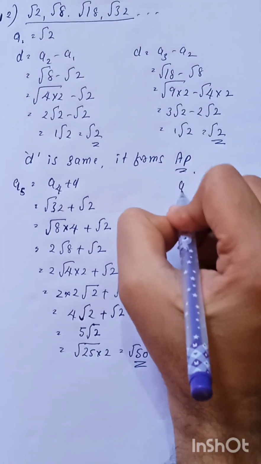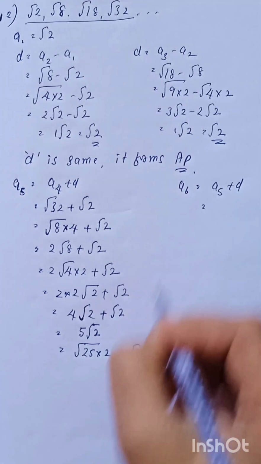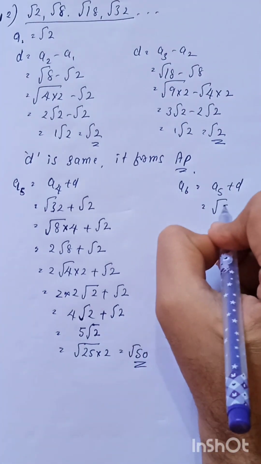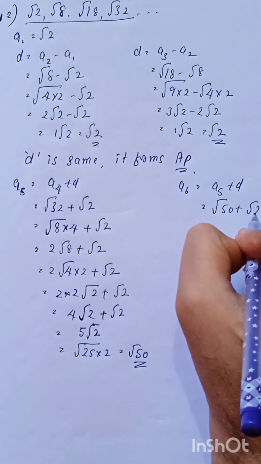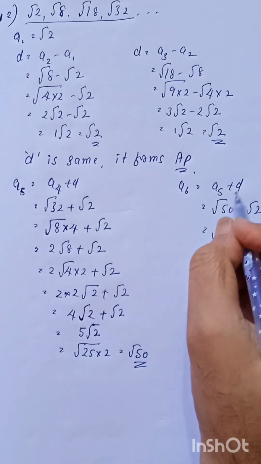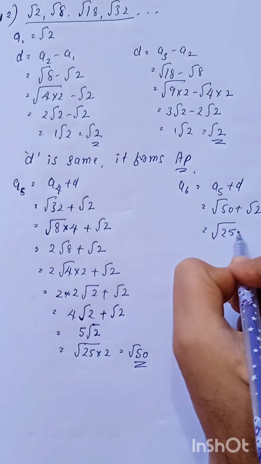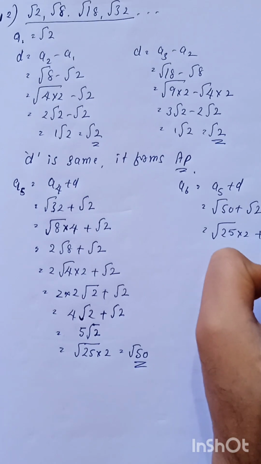Let's do the A6, that is A5 plus D. What is A5? Just we got root 50, plus D is root 2. So 50 is written as 25 into 2 plus root 2.